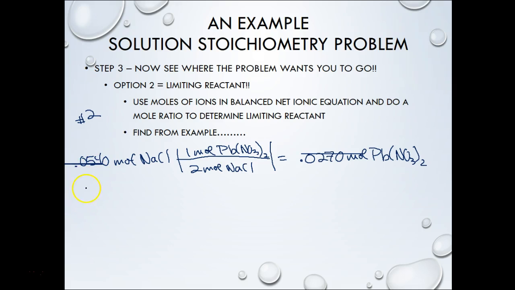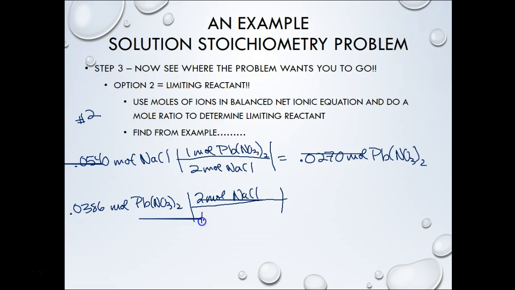All right, so then I go to the next thing, and what I notice is that I have 0.0386 moles of PbNO3 2. Okay, and I'm going to do the same exact thing, except this time the 2 moles of NaCl are going to be on the top, and the 1 mole of the PbNO3 2 is going to be on the bottom. So that means that I need 0.0772 moles of NaCl.